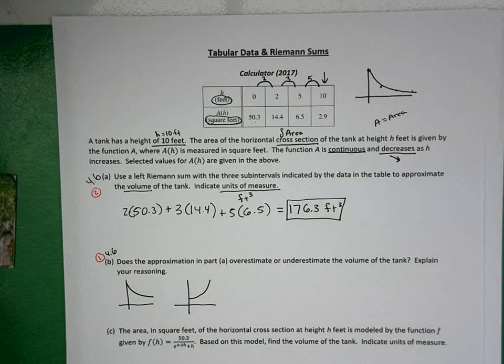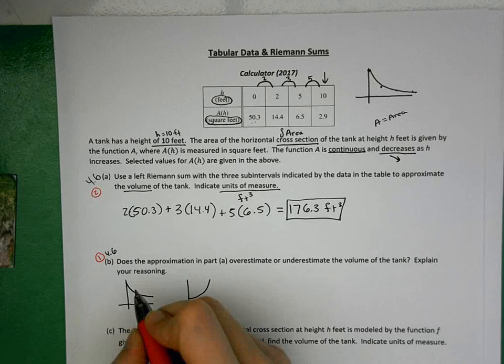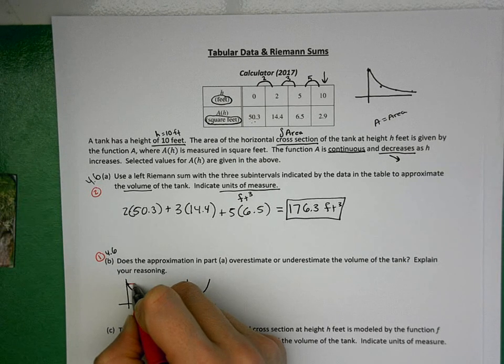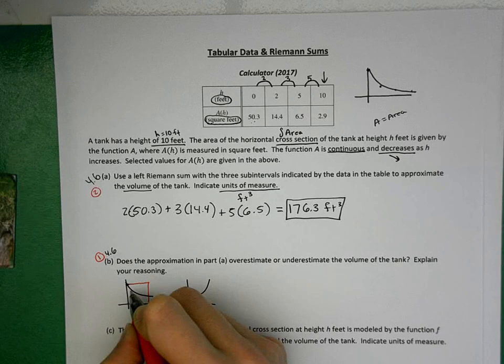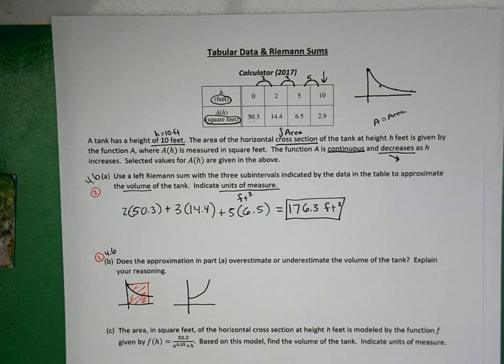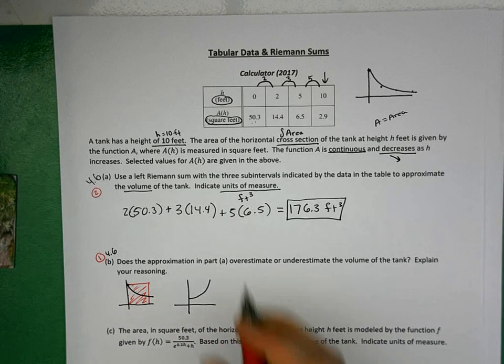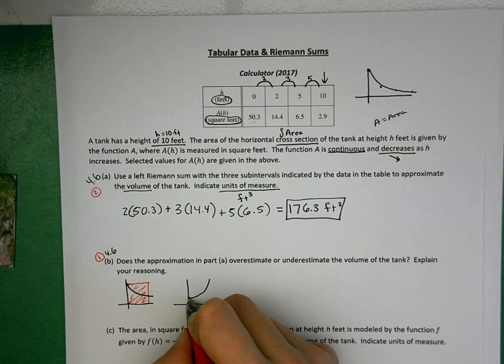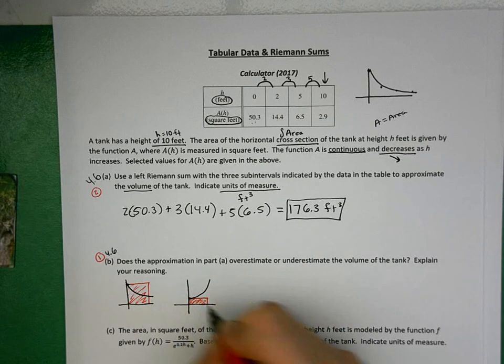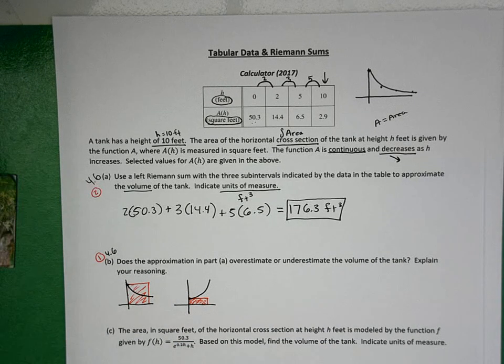Okay, so for a decreasing function, a left-hand Riemann sum starting at the left and doing our rectangles would be an over approximation. For an increasing function, the left-hand Riemann sum would be an under approximation if we started on the left and drew in our rectangle. And so the question becomes, well, what kind of function is this?